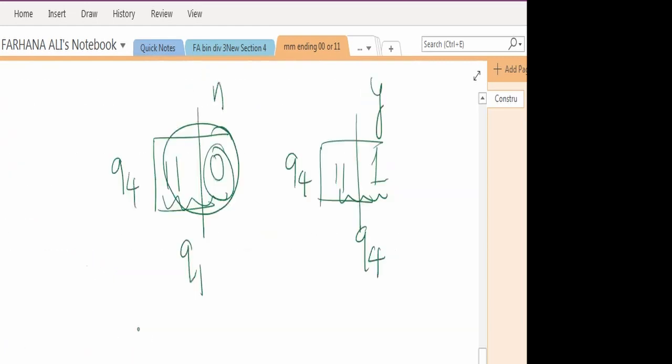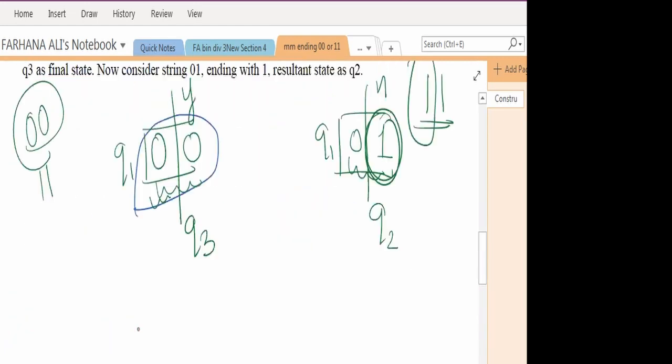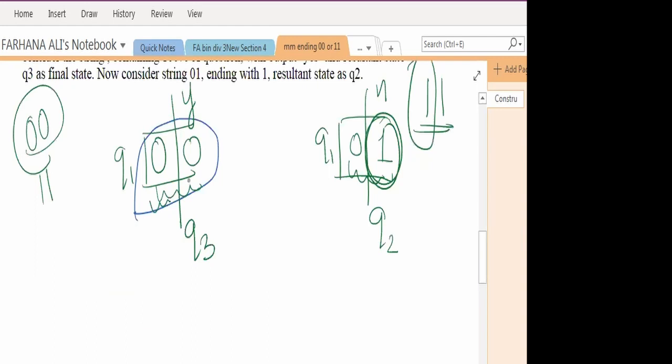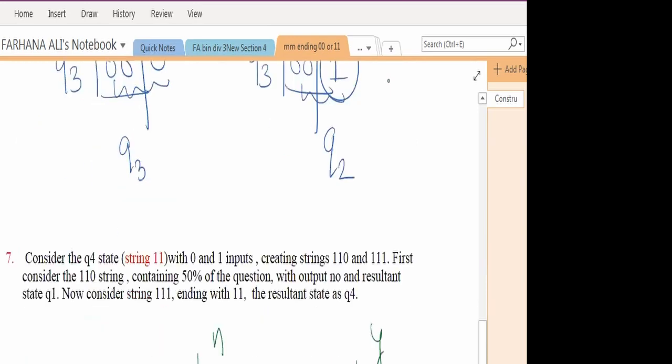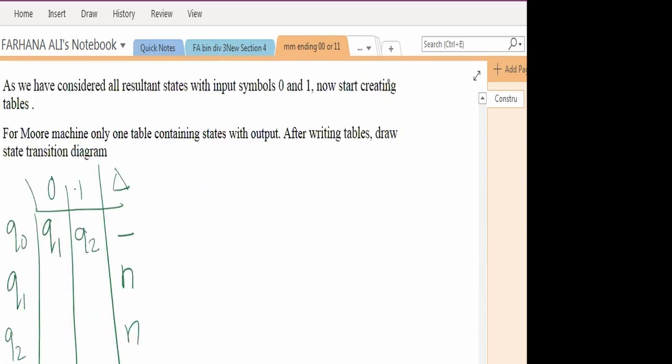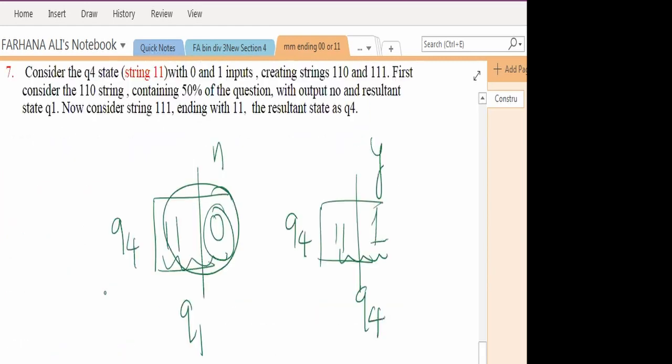Now Q1 on 0, where is it going? Q1 on 0 was going to Q3 with the output yes, and on 1 it was going to Q2 with the output low, that is already given.